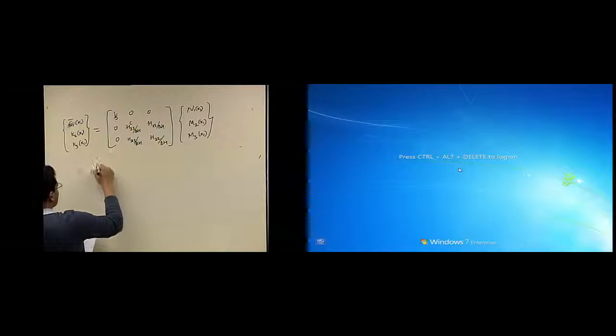Where delta H is just H22C times H33C minus H23C whole square.